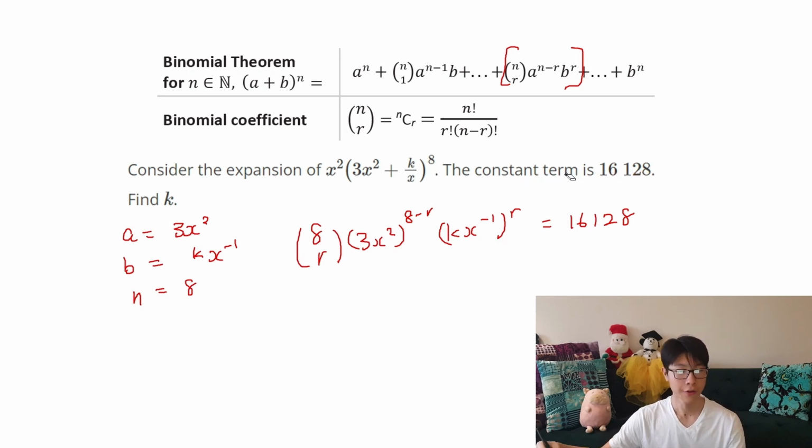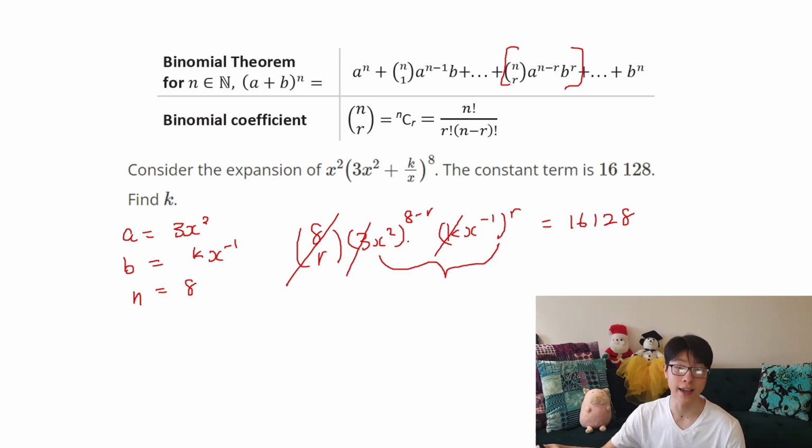Therefore, looking at this expression, we can ignore this, because any number on the 8th line of Pascal's triangle will just be a number. It's not going to have an x in it. This 3, we don't need to think about at the moment, and this k, we don't need to think about either. All we need to think about is just the x's.